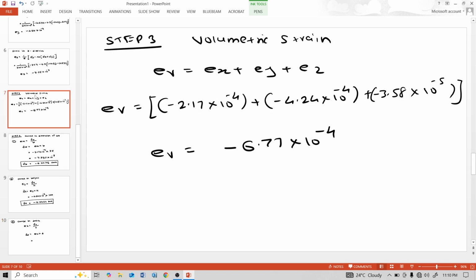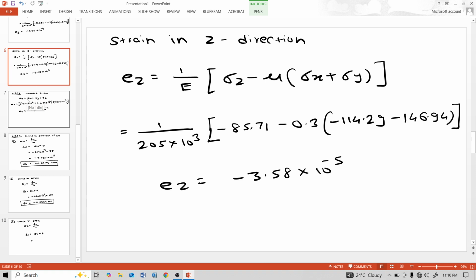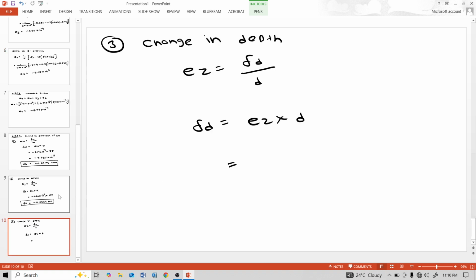Ez is minus 3.58 into 10 raised to minus 5, multiplied by this d, which is 35.